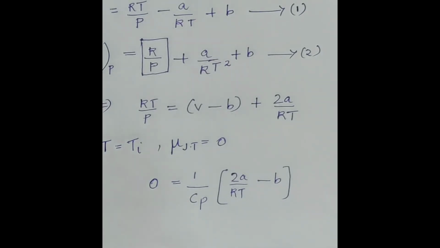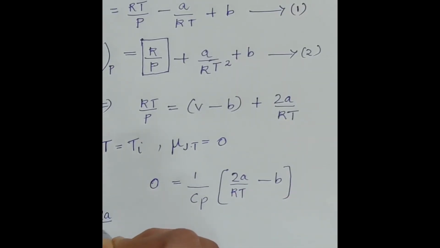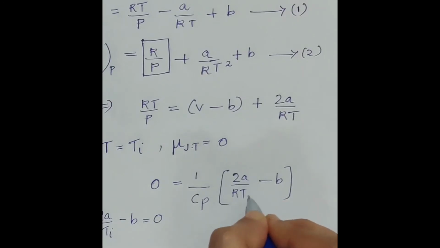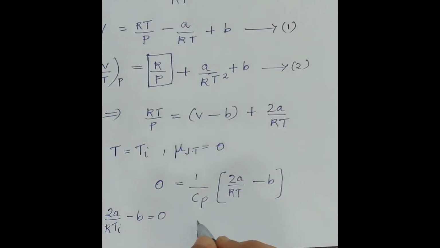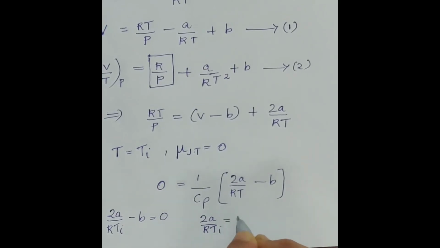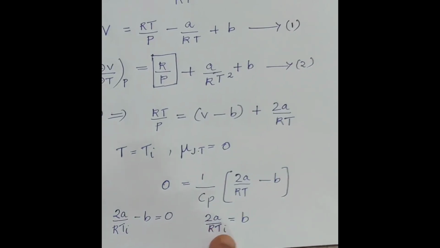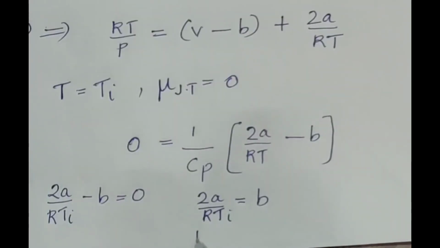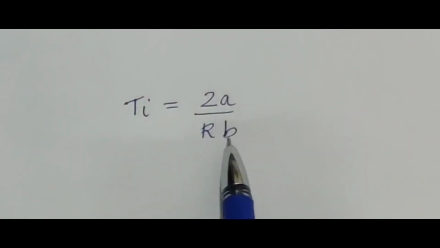Here 2A by RTi minus B is equal to 0. Then 2A by RTi is equal to B. Then we can write Ti is equal to 2A by RB.